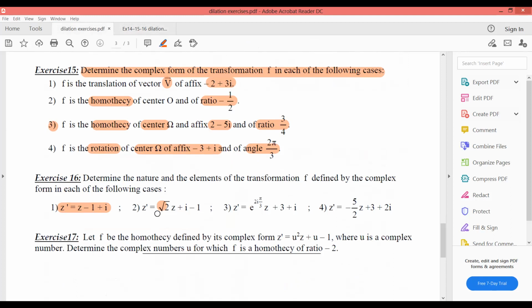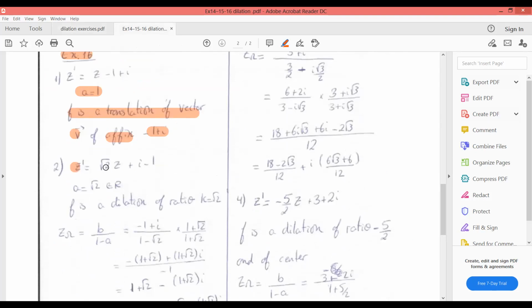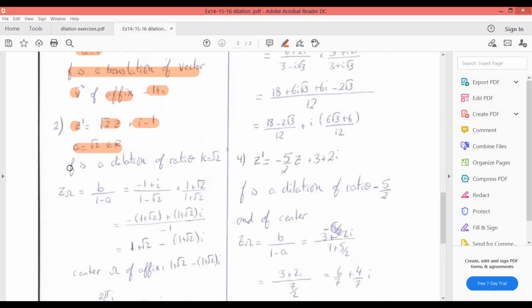And to find the affix of the center, we say Z omega equals b over 1 minus a, which equals minus 1 plus i over 1 minus radical 2.